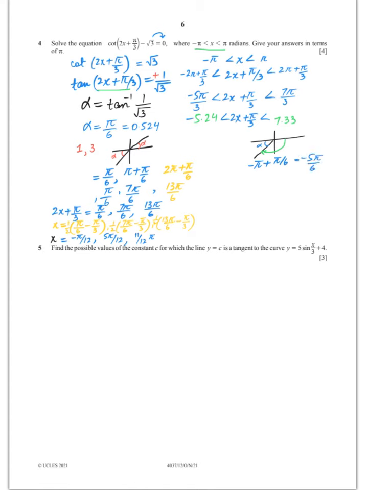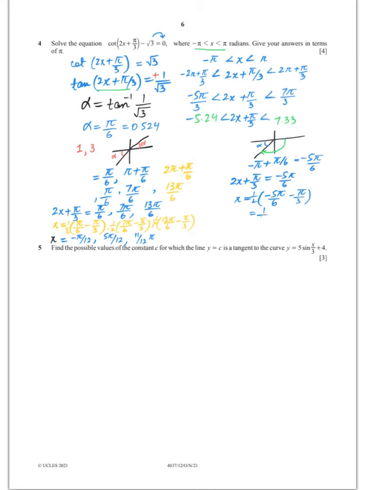And now the angle we have is 2x plus pi over 3, so 2x plus pi over 3 equals negative 5 pi over 6. We need to find x here. So x equals negative 5 pi over 6 minus pi over 3, and the whole thing divided by 2.